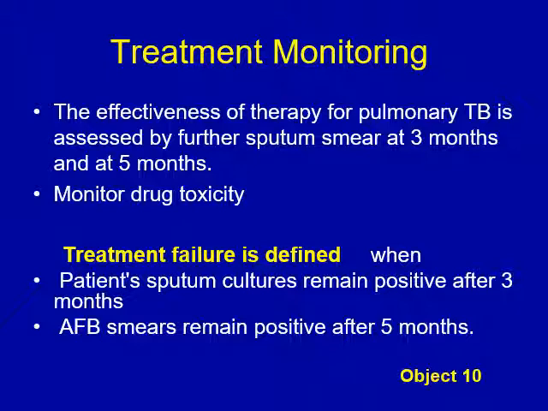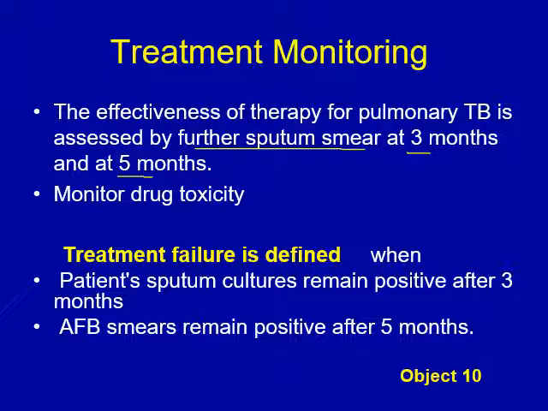Treatment monitoring. The patient should be monitored by examination of sputum. The effectiveness of therapy for primary TB is assessed by further sputum smear, usually at 3 months and also at 5 months. If the patient receives anti-TB, we don't leave them, we follow them to see whether the patient responds or not.